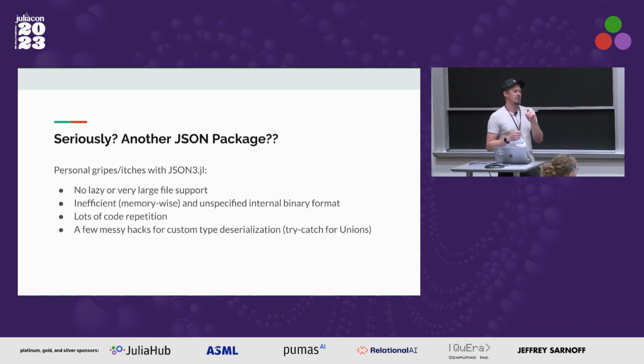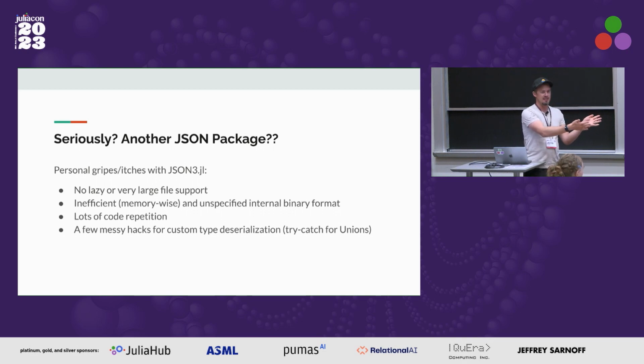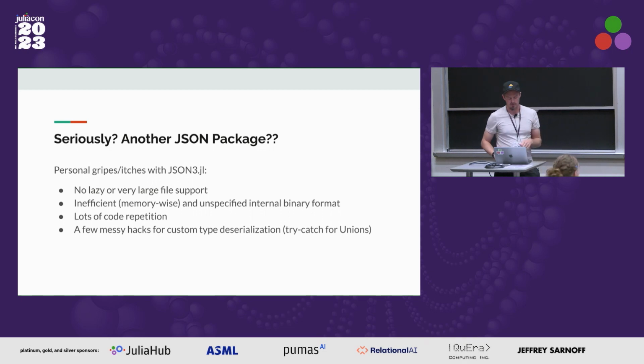It's actually a very tricky problem, because you're essentially saying, here's this JSON text, and here's a type that I want, and if that type is abstract or a union of types, how exactly do you turn this into that? That's a very hard problem to solve, and it's not exactly clear what you should do all the time.